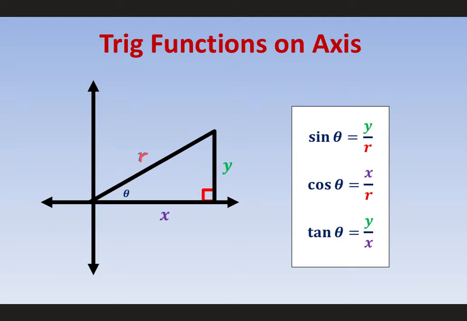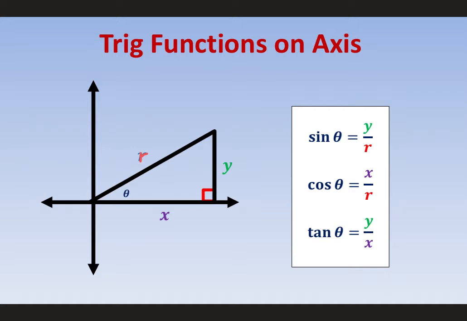So given our triangle, sine is our opposite, or y over r. Cosine is our adjacent, or x over r, and tangent is our opposite, which is y, over our adjacent, which is x. So when it comes to these x, y, and r values, they apply to all possible angles that we could make. The x value and y value are just determined by that point on the terminal side, and the r value is found with the Pythagorean theorem.